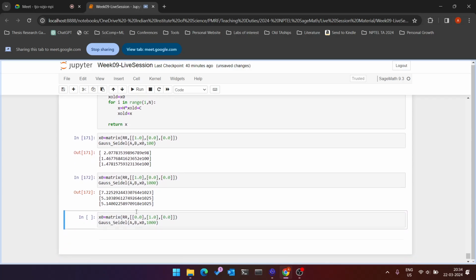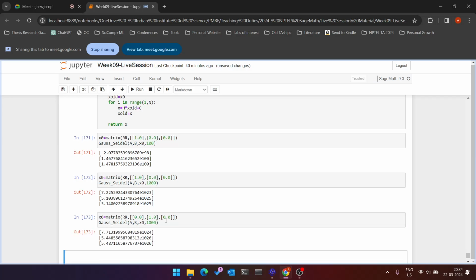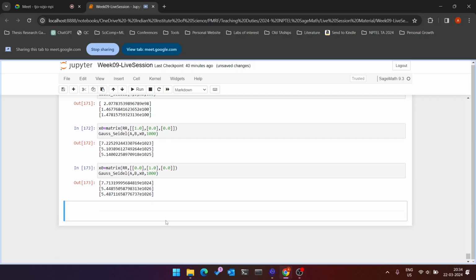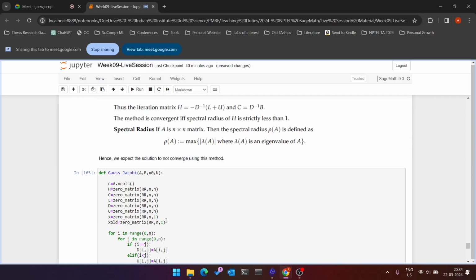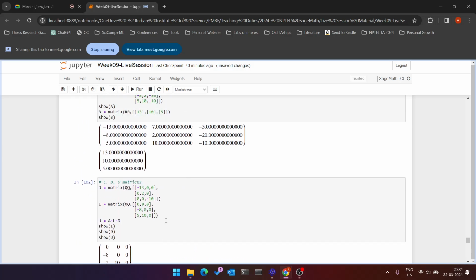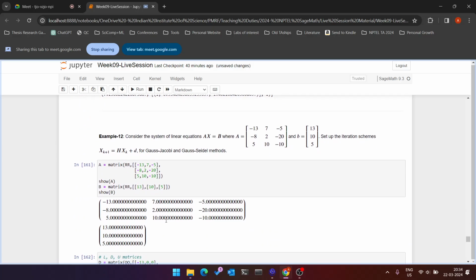After 1000, it has increased in magnitude. If I change my initial guess, again I get a different value. So clearly, the spectral radius is an important concept when using iterative solutions for such linear algebraic systems.